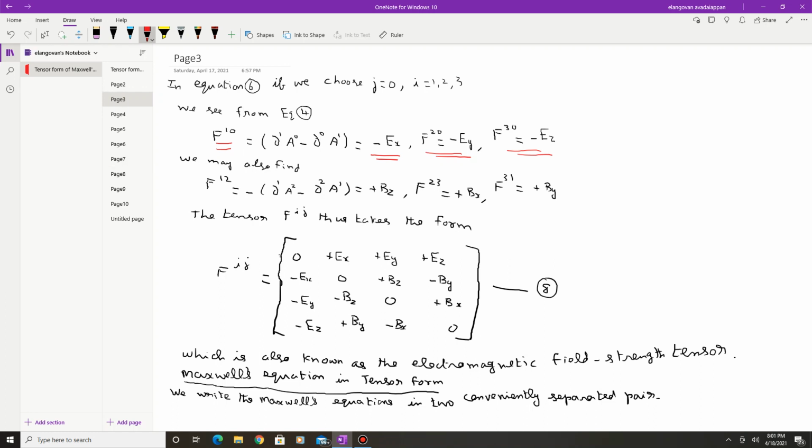We may also find F12. According to the definition of equation 6, F12 is equal to plus Bz, F23 is minus Bx, and F31 is equal to plus By. This can be easily found by using this expression.